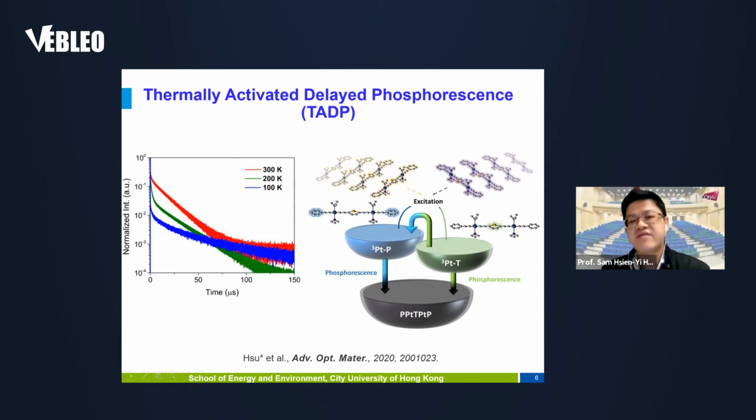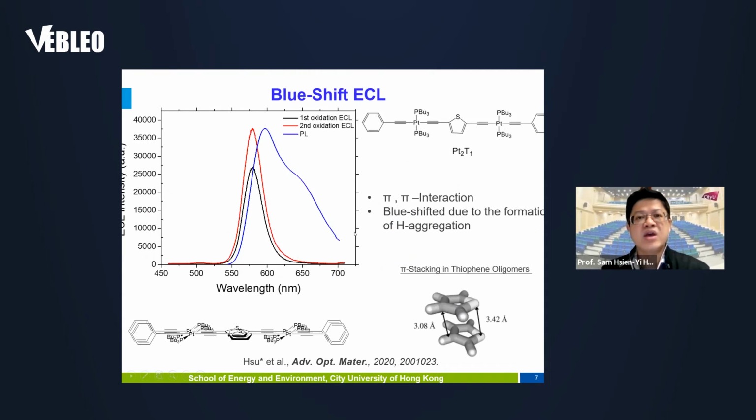Okay, so after that, we were also interested in the fundamental electrochemiluminescence property. We compared the ECL emission with the photoluminescence. We found a blue shift in the ECL can be observed. Due to what? Due to the pi-pi interaction and the edge aggregation through the T conformation of this platinum acetylide.